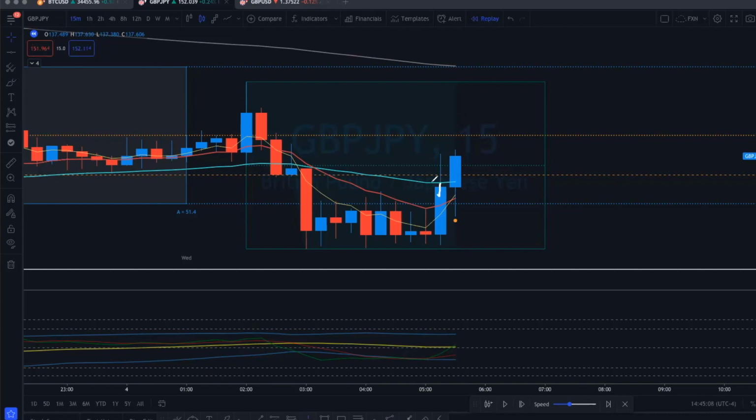If you wait for this to close, now you're making your trading decision based on this candle alone because it's a closed candle. It's over. And so now that you've waited for that thing to close, this candle, when it first started, was a fully red candle going down.